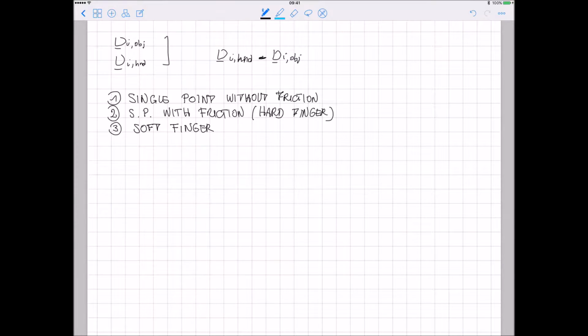In all these three cases, what we do is to limit some components of this relative twist, and we do this by using a selection matrix H_i, that I multiply by the relative twist.